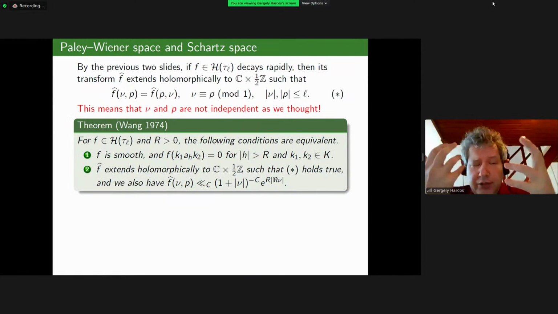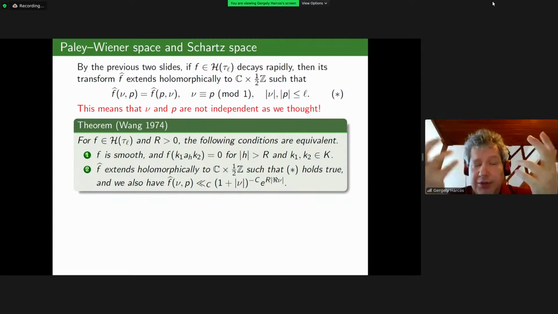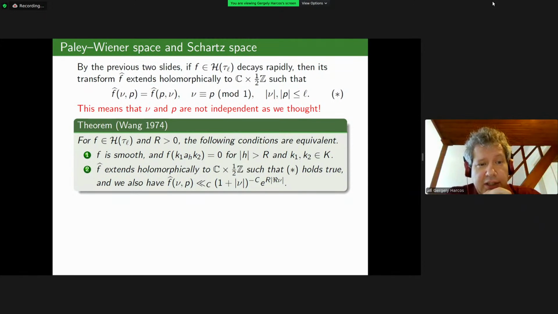And as I told you already, we want a rapidly decaying test function, and ideally we would like to use a compactly supported test function, in which case Wang in 1974 characterized the possible transforms f hat that these f's correspond to.